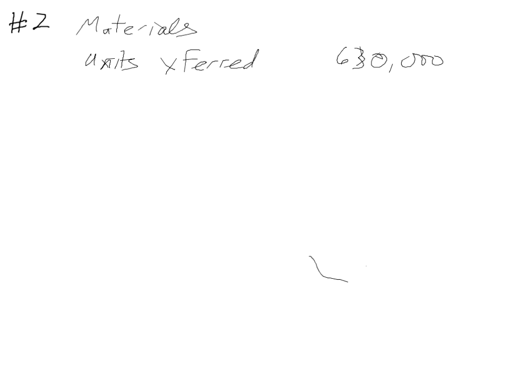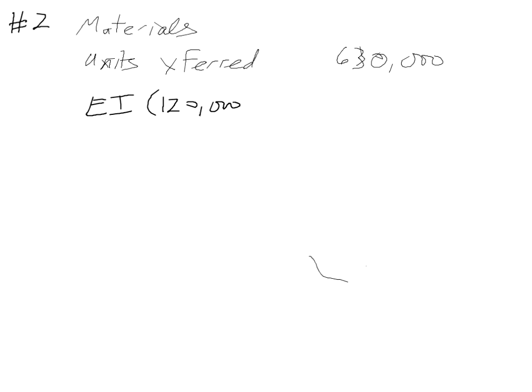And then ending inventory, let's see. Ending inventory, there's 120,000 units. But remember, the facts say that they're only 40% complete as the conversion cost.